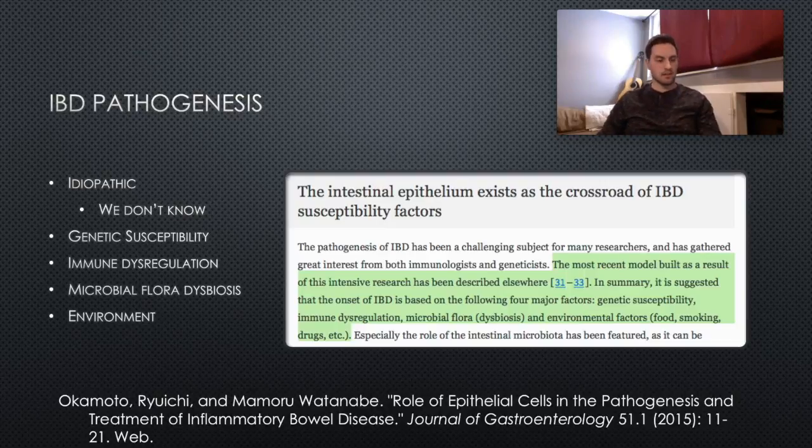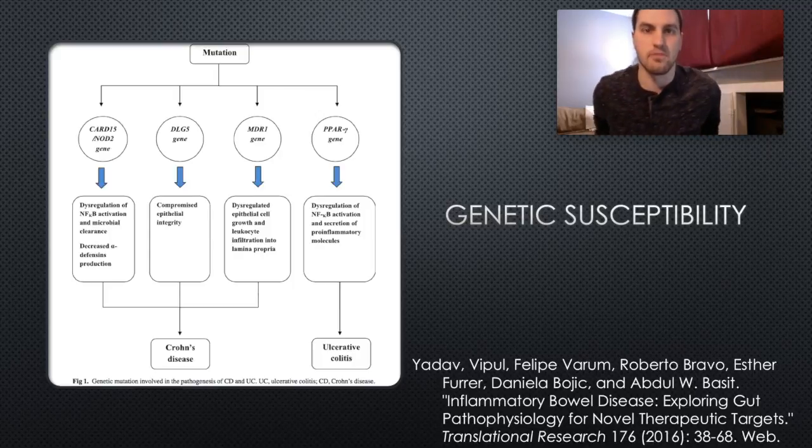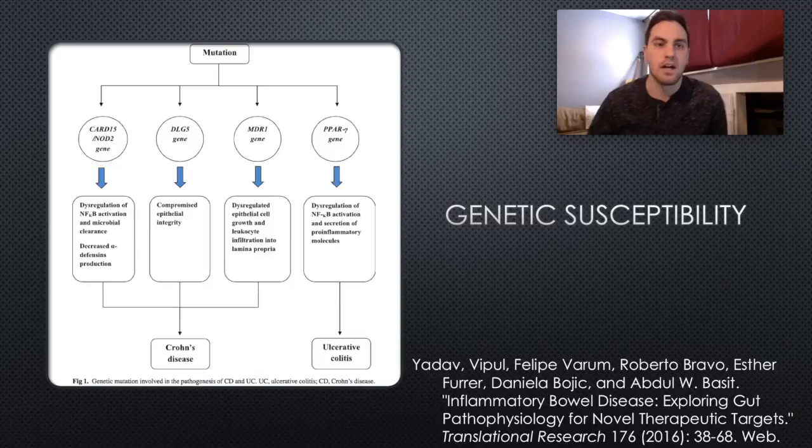Let's move on and take a closer look at this first point, genetic susceptibility. And if you see here on the left, I have a diagram from a different study in 2016 that was also a review of the pathophysiology behind inflammatory bowel disease. And this is a really, really, really dumbed down version of what I saw in the article.